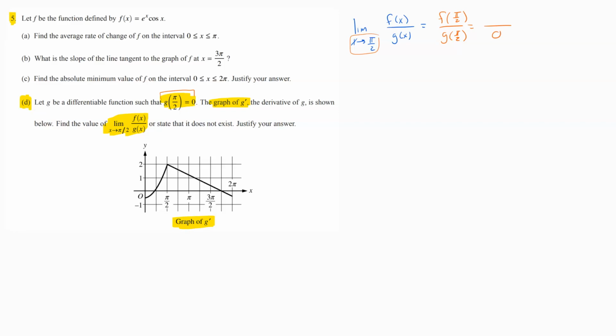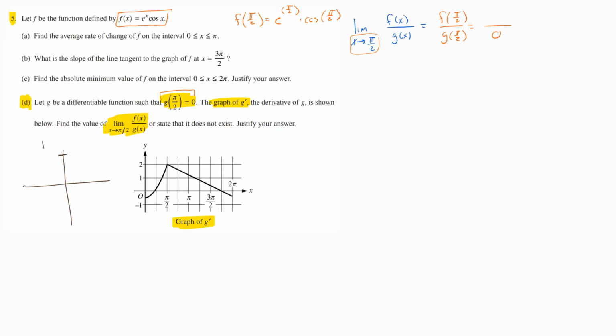But before we can move on, we do need to still figure out what f of pi over 2 equals. So we go back to the equation up top and plug in pi over 2. So f of pi over 2 is going to equal e to the pi over 2 times the cosine of pi over 2. To find that cosine of pi over 2 value, we need to go to our unit circle.